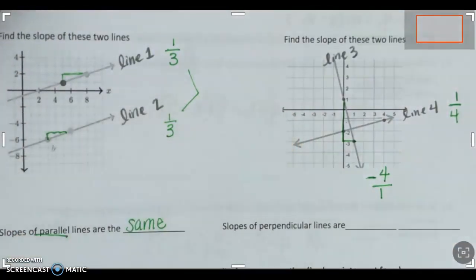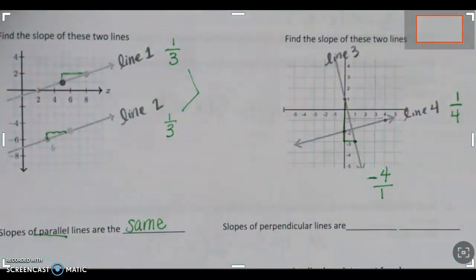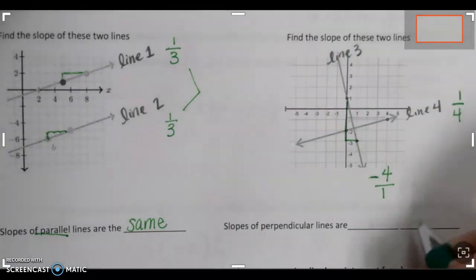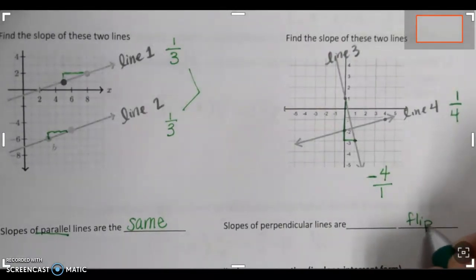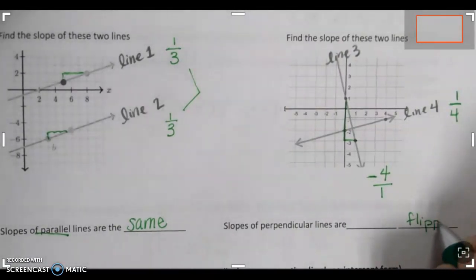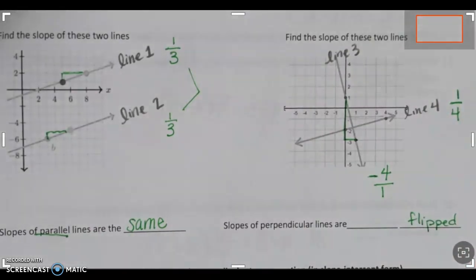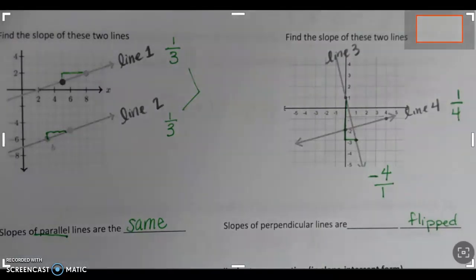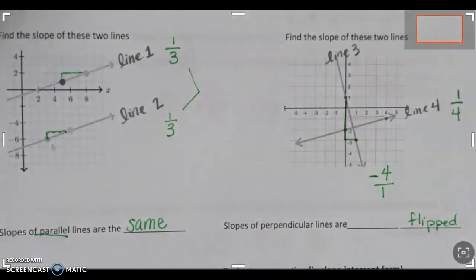What's the difference between those 2 slopes? The fractions are flipped, right? The fractions are flipped. Flipped. Okay, and then what else? One of them is going to have a negative, and the other one is going to have a positive.